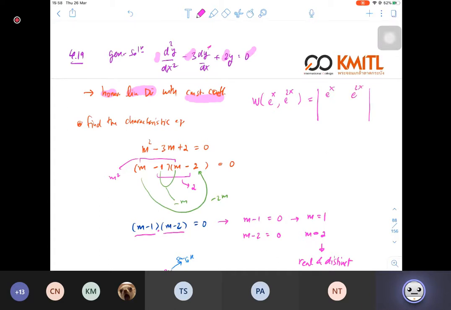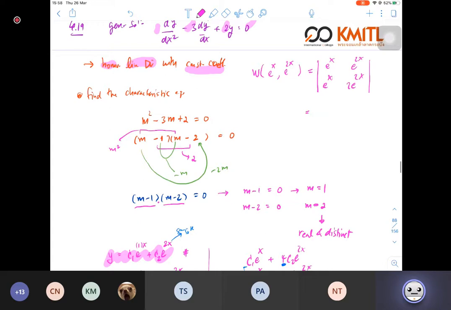So this is how we calculate. We take the first derivative, got e to the x, and then you get 2e to the power of 2x. Now when you find the determinant, you would get e to the power of x times 2e to the power of 2x, minus e to the power of x times e to the power of 2x.